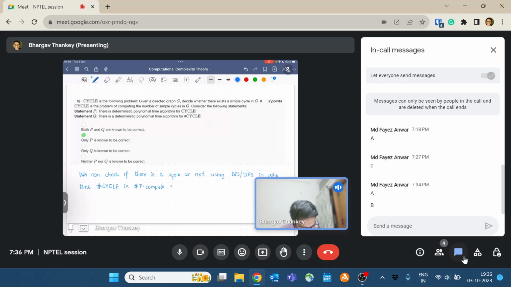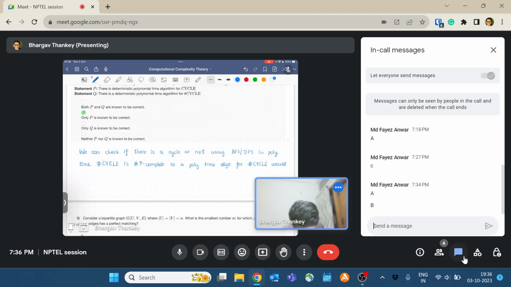So a polytime algorithm would imply, which in turn would imply P equals NP.